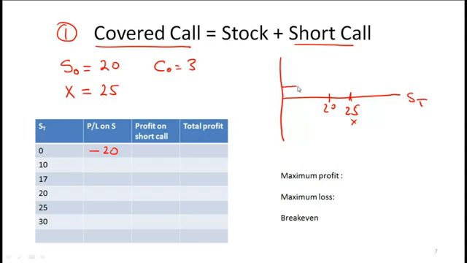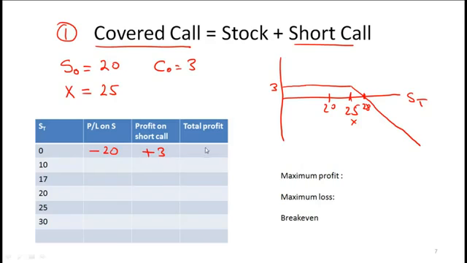The maximum possible profit that we can make on the call is $3, which is C0. If the stock price ends up above 25, the option is in the money, so the profit to the short call starts going down. The break-even point for the short call alone is 28. This short call will help us figure out this column. If the stock price is 0, what is the profit on the short call? It is 3.